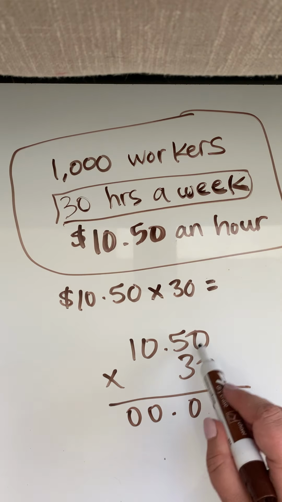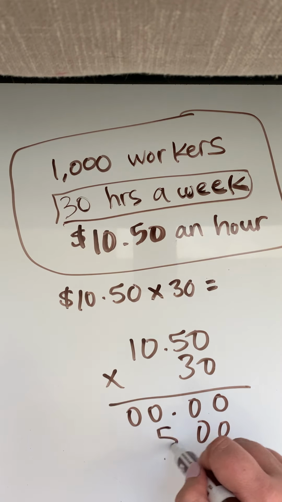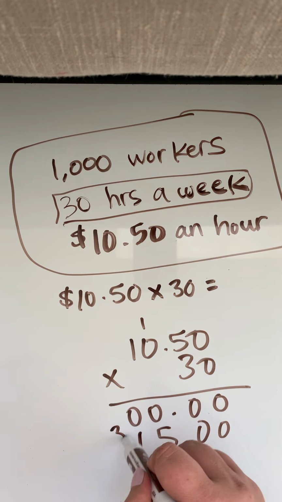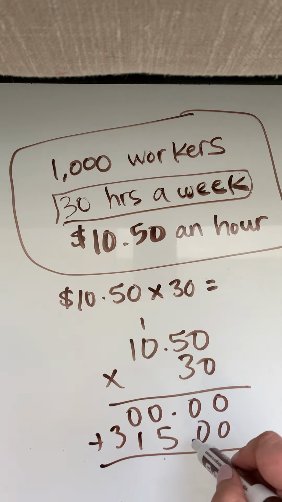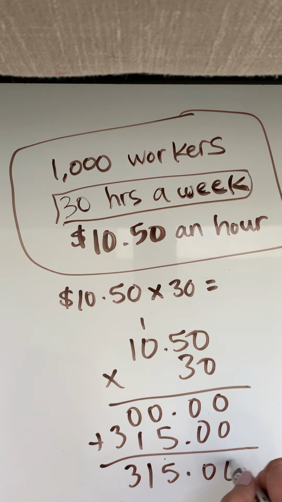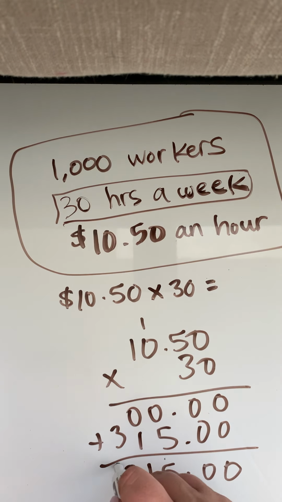Drop my egg. 0, 15, that's 0 plus 1. 3 times 1 is 3. Okay, so I'm going to add those up. All right, so this shows me that I have $315 for each worker in 1 week.